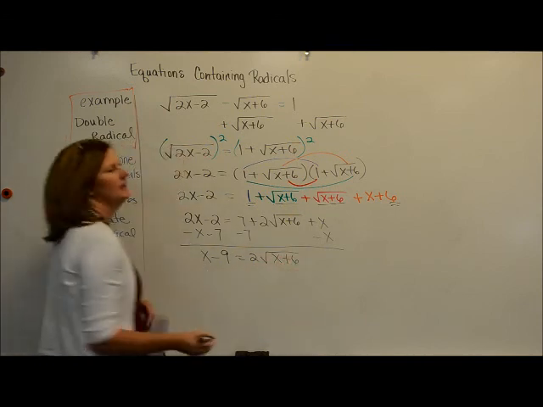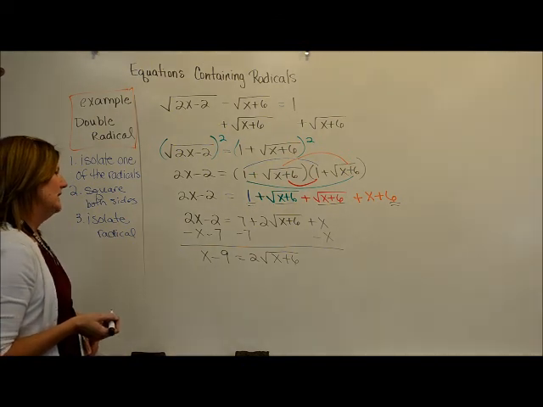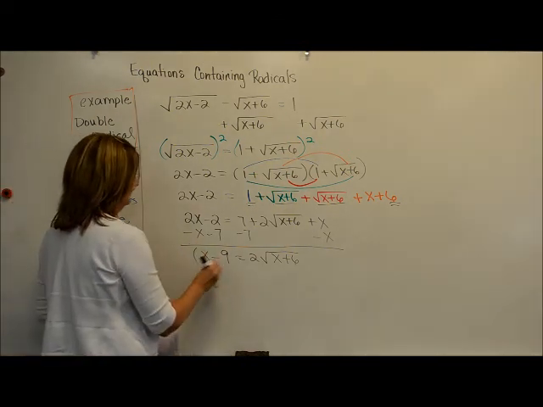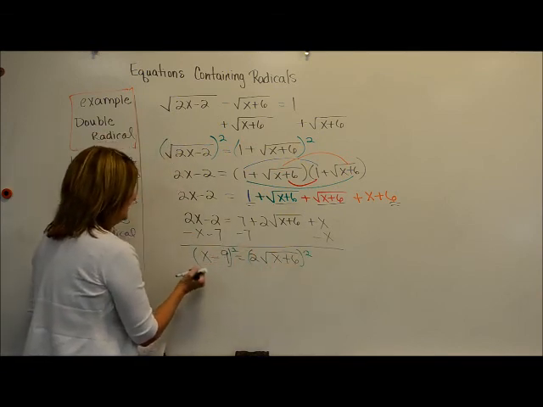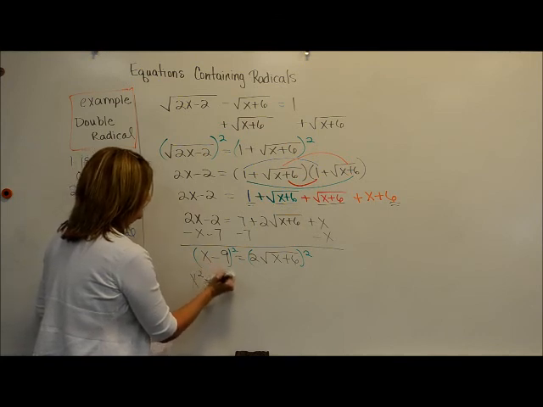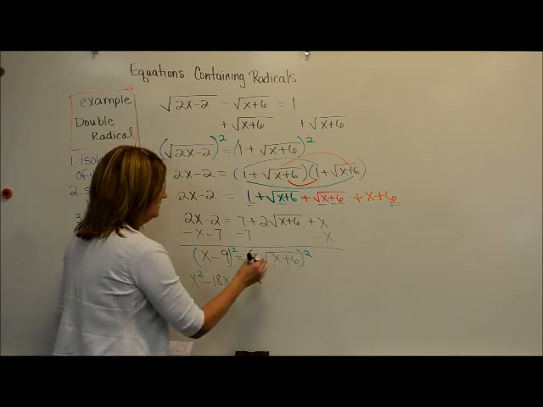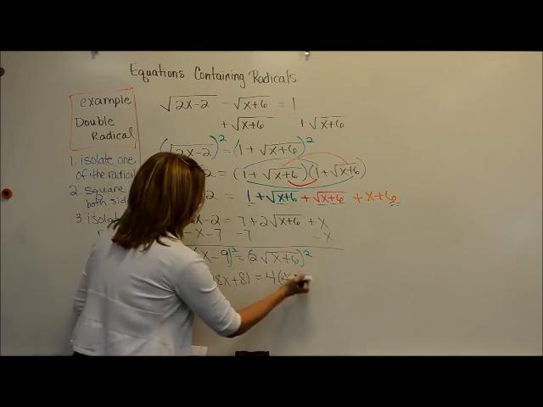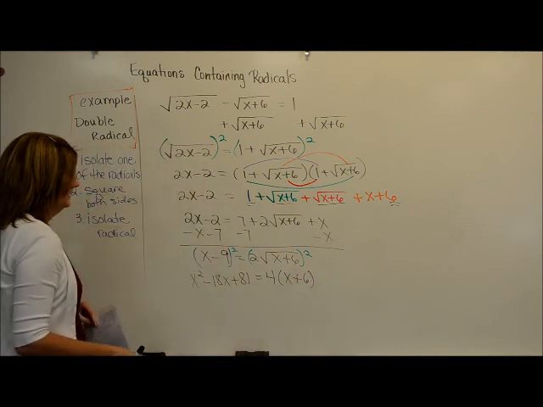And now I have something that I can handle, something that I know how to solve. I'm going to go ahead and square both sides. This just gives me, you know how to do that, x squared minus 18x plus 81 equals 2 squared, which is 4, times this quantity x plus 6.